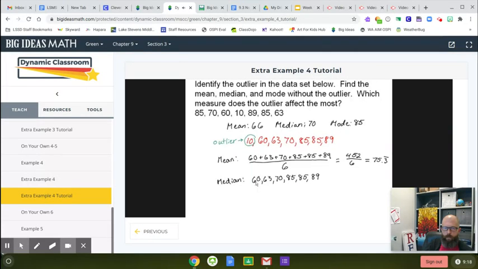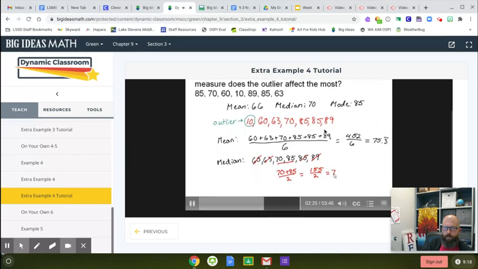To find the median, add these 2 values, 70 and 85, and divide by 2. 70 plus 85 is 155. 155 divided by 2 is 77 and 5/10. So, 77 and 5/10 is the median.